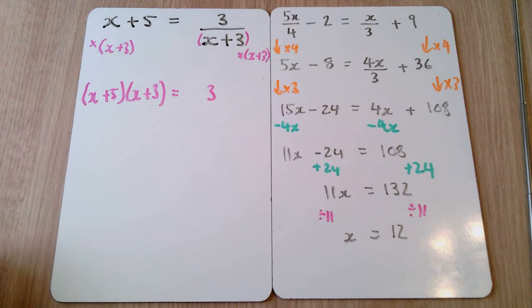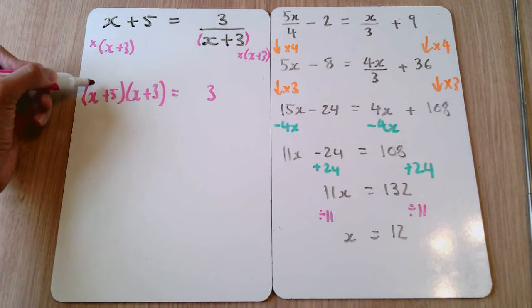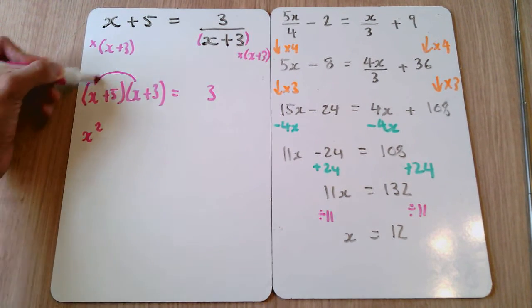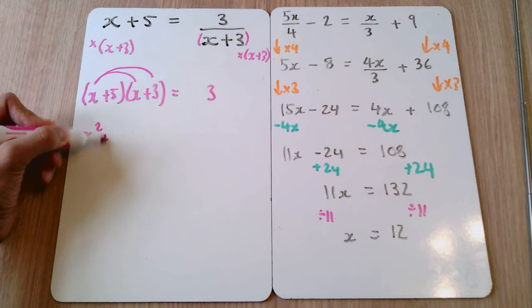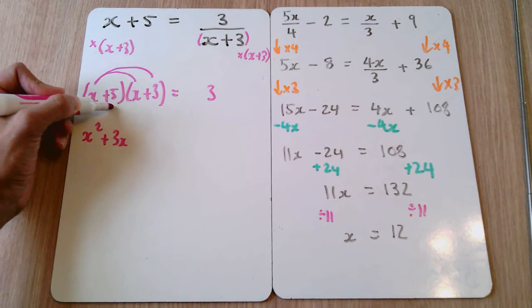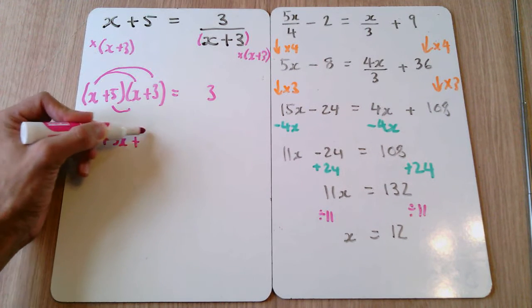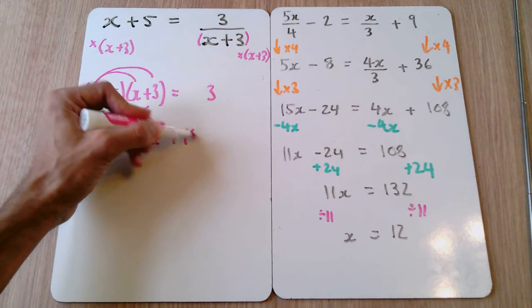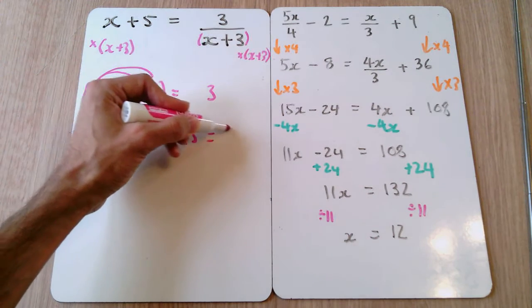So I've now got a question where I need to expand a double bracket. If I'm expanding a double bracket, x times x gives me x squared, x times plus 3 gives me plus 3x, 5 times x gives me plus 5x, and 5 times 3 gives me plus 15, and that is still equal to 3.